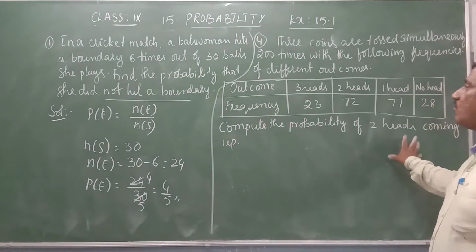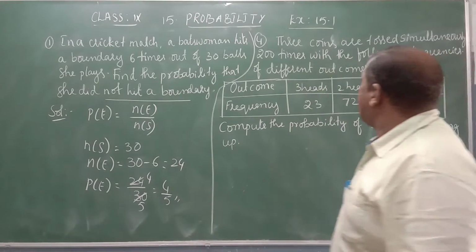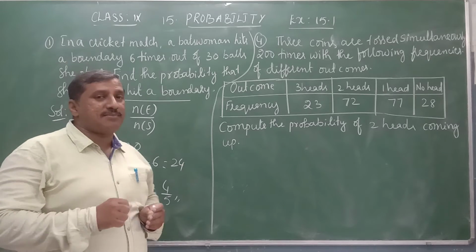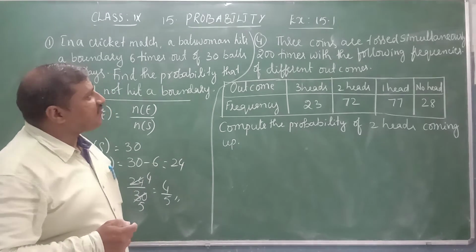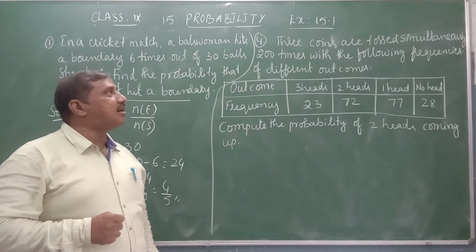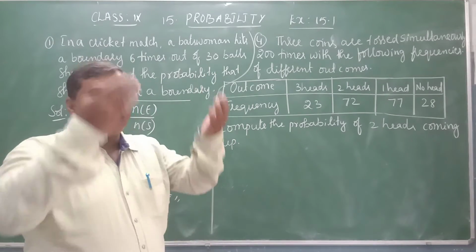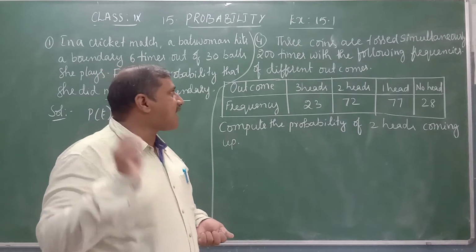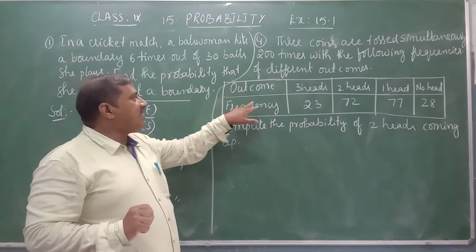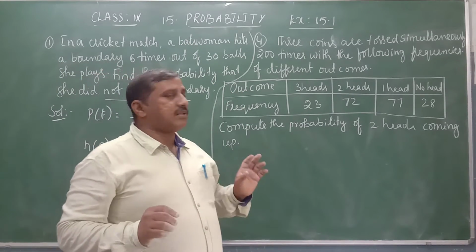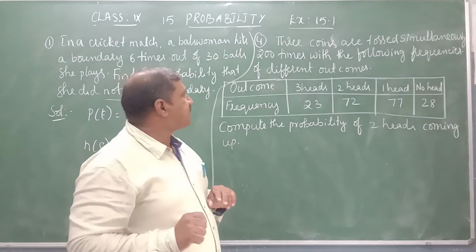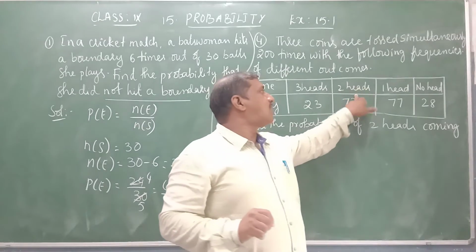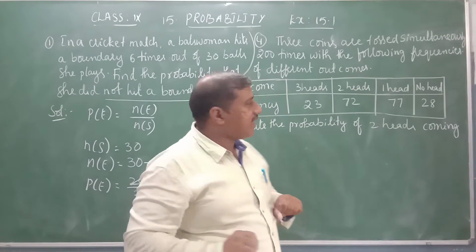Now here we have one more question. Fourth question. 3 coins are tossed simultaneously 200 times with the following frequencies of different outcomes. So 3 coins are tossed simultaneously for 200 times, and the following frequencies were recorded for the following outcomes. Outcomes are 3 heads, 2 heads, 1 head and no head.